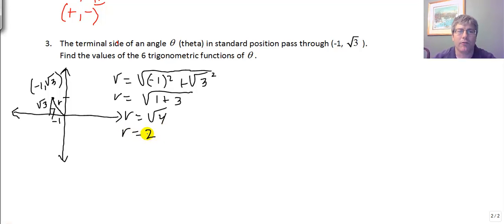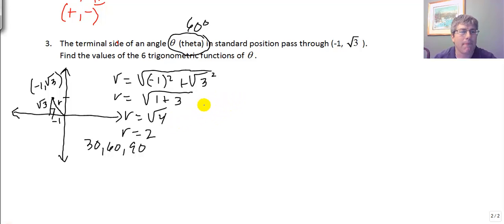R equals 2. So our hypotenuse is 2. Our x side is negative 1. Our y side, square root of 3. Hopefully you see that this is a 30, 60, 90. Our angle theta in this problem is the 60-degree angle.